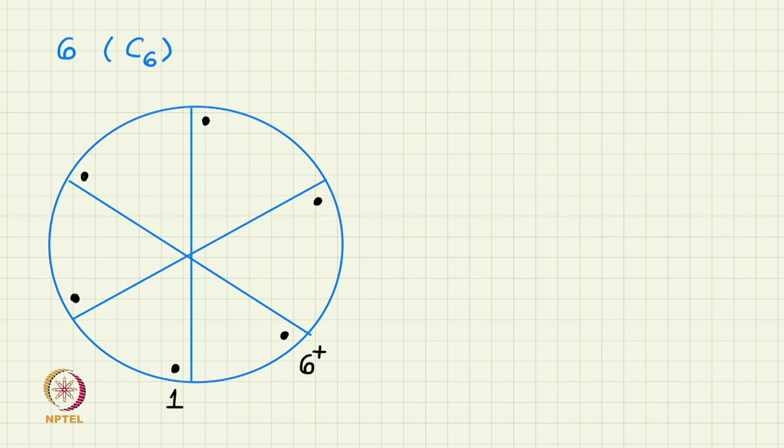This one is another 60-degree rotation. So, 6 plus square, but that becomes a 120-degree rotation, and a 120-degree rotation for us is 3 plus. So, we can write this 3 plus. Similarly, this is 6 plus cube, but that is 180 degrees.